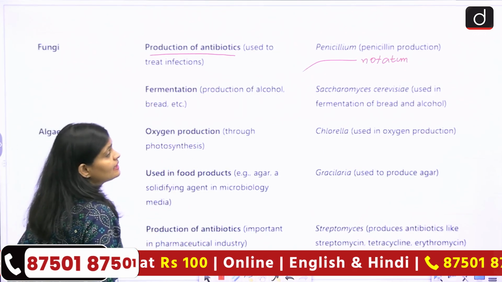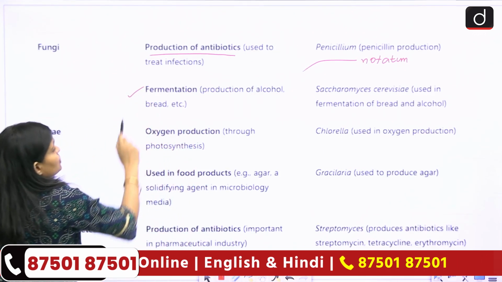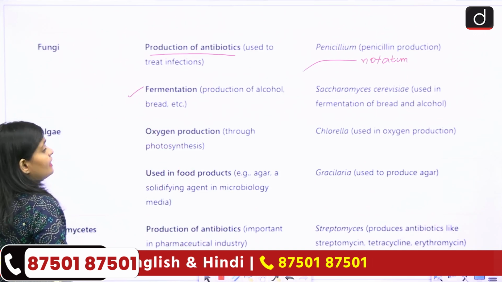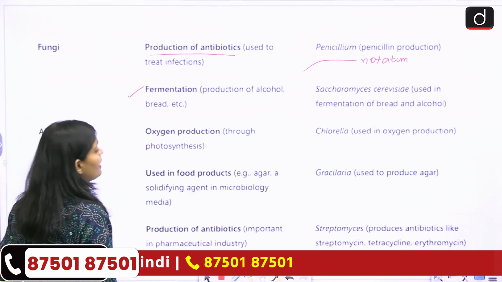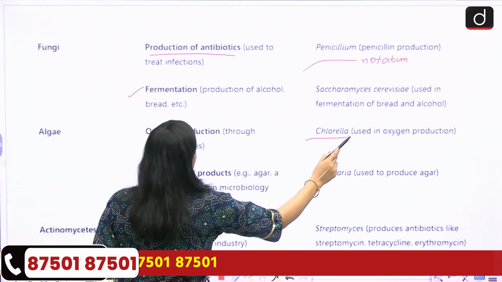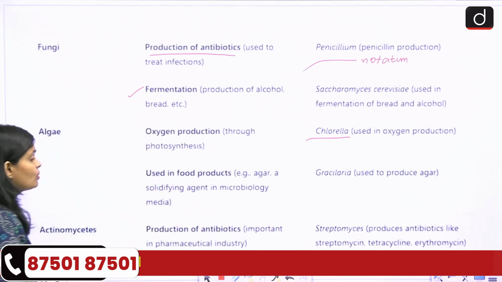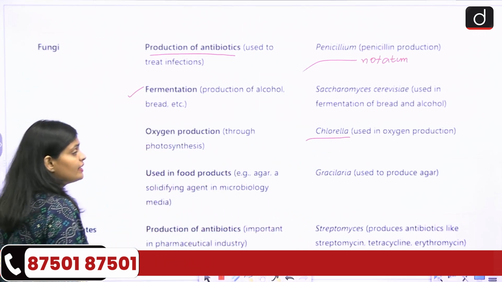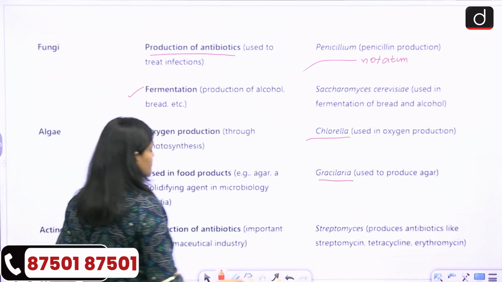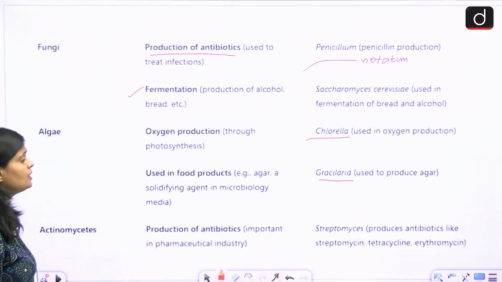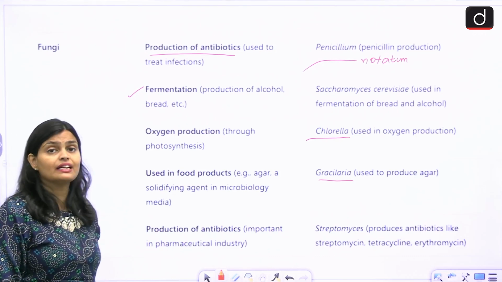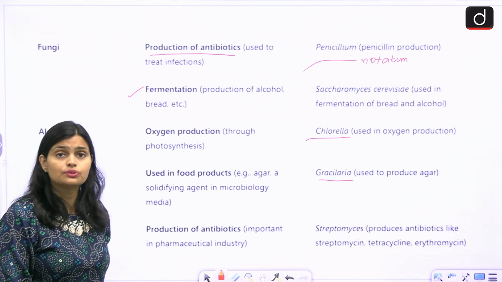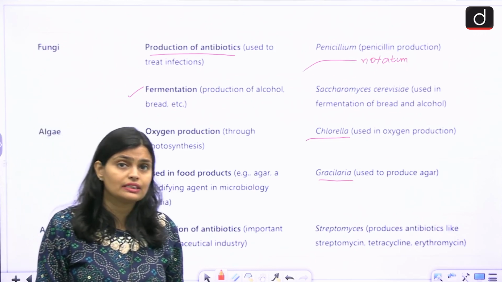Then Saccharomyces cerevisiae, fermentation of alcohol. Then we have an algae like chlorella, and this is used in oxygen production. Then we have an algae Gracilaria, used in food production, like agar, a solidifying agent in microbiology media. Agar is a nutrient media in the microbiology lab.